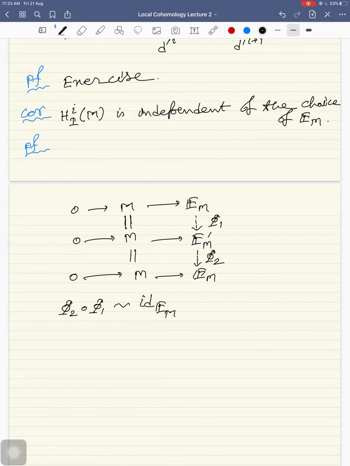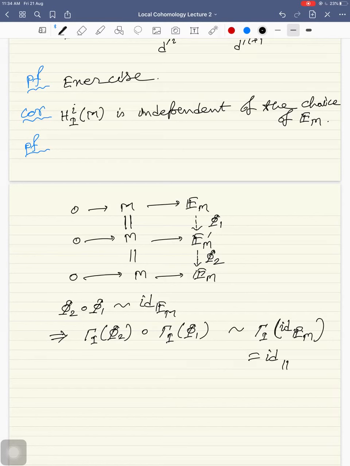Yes. So once they are homotopic, after applying this I-torsion functor, again they are homotopic. So you apply that I-torsion functor, then you will get gamma I of phi2 composed with gamma I of phi1, which is the same as gamma I of the identity map on this resolution, and it is the same as the identity map on this one.